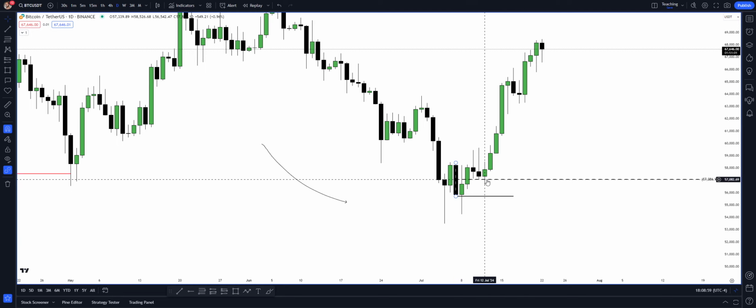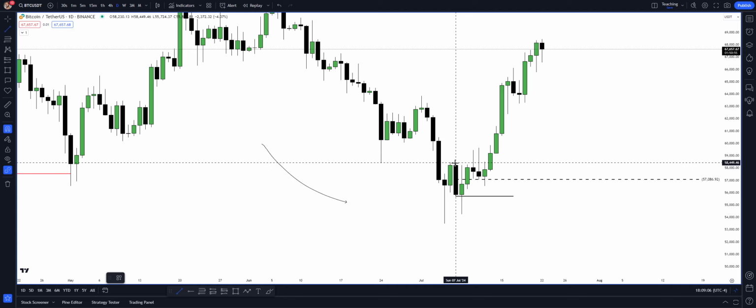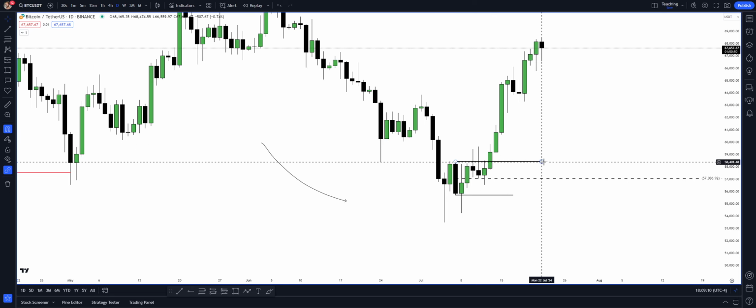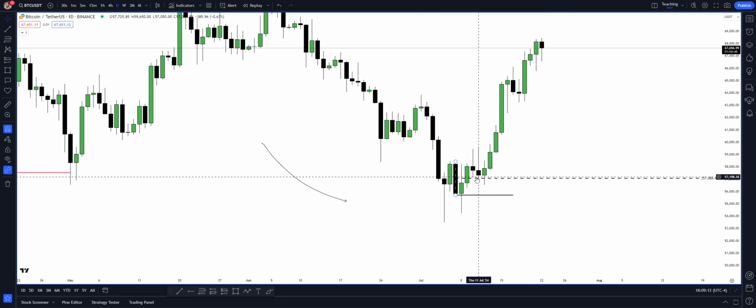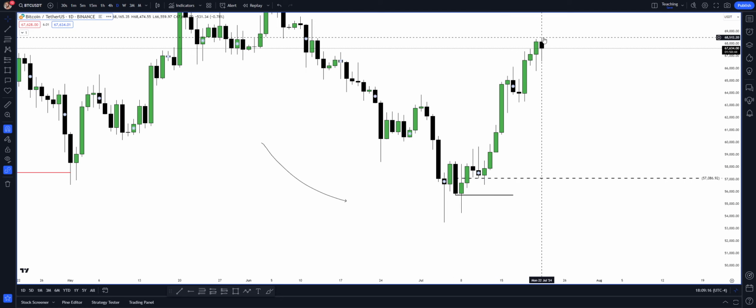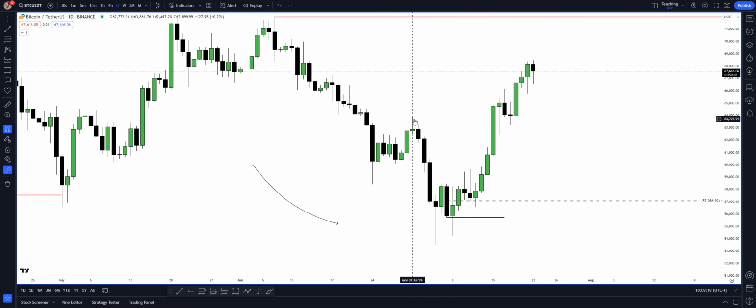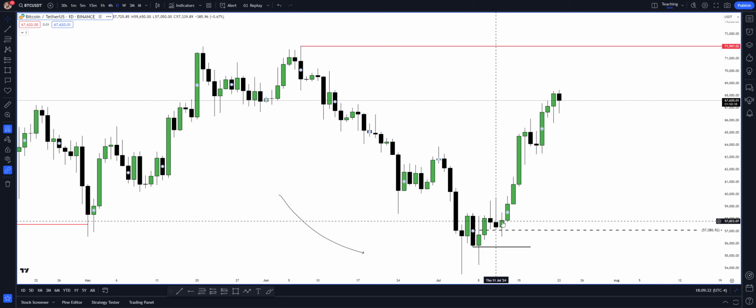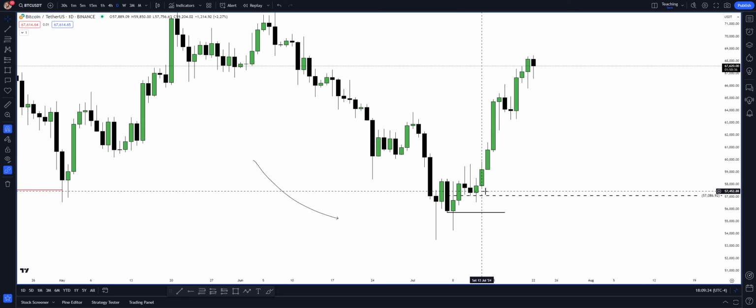So you have the range EQ, or the mean threshold. Look how it's respecting that. That's a long. And then you have the OB itself. Never retested it, but that's fine. It retested the mean threshold once and twice, and the third candle just displaced. Where does it go? It went for the first high and is probably going to complete the buy model. Anyways, just to showcase how it is.